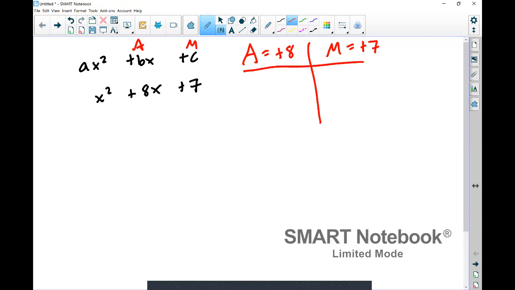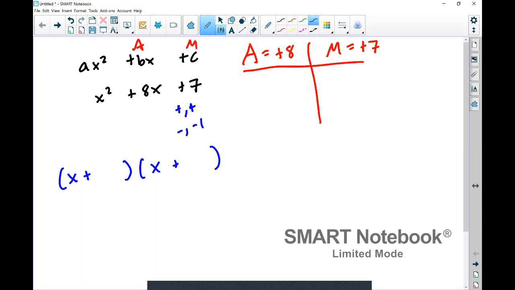So that's the setup. The trick is, how do we multiply to a positive number? Well, positive times positive is a positive, and a negative times a negative. If the number we have to add to is positive, then we need two positives to add together. So we have x plus something and x plus something.